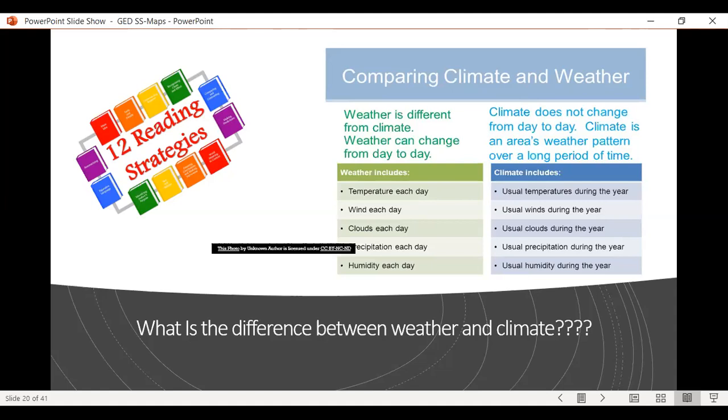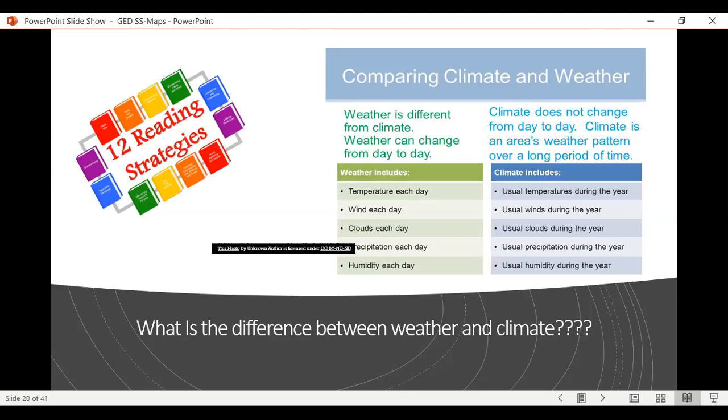But remember, weather includes temperature for each day, whereas climate includes temperatures for the full year. So you've still got some commonalities there, and it is temperature, but the differences are how long. And the same thing with wind, which is included in weather for each day, but with climate, it's during the year.